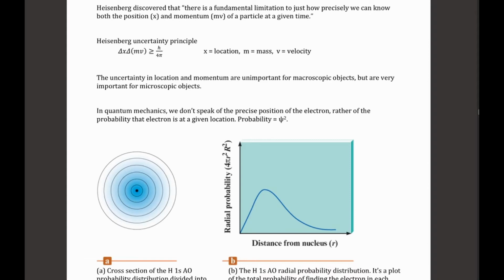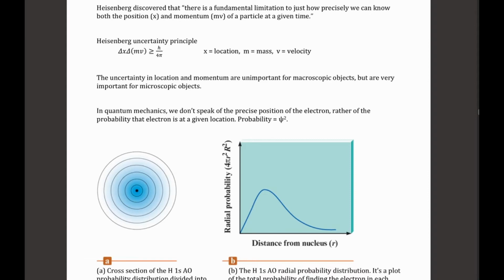And we have Heisenberg's uncertainty principle: delta x, the uncertainty in the location, the position, times delta mv, the uncertainty in the momentum, the mass times the velocity, is greater than or equal to h over 4 pi.